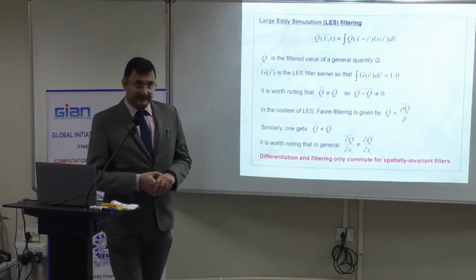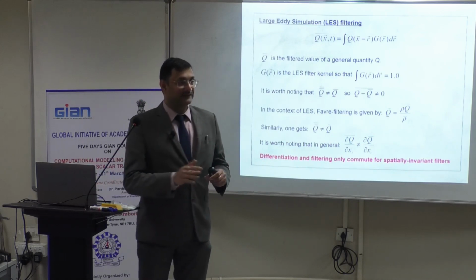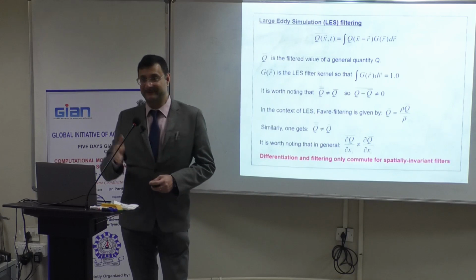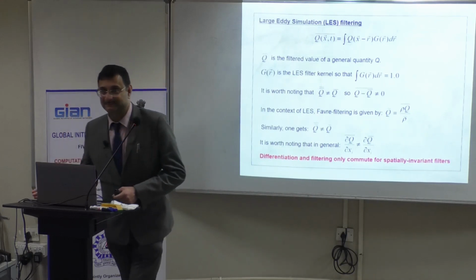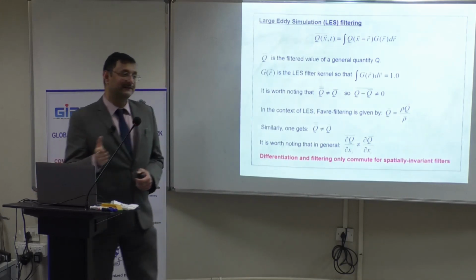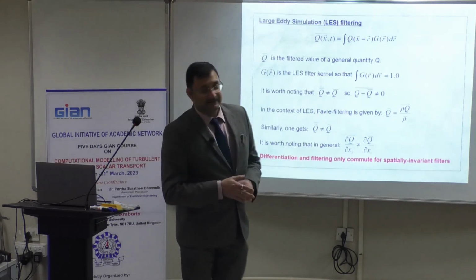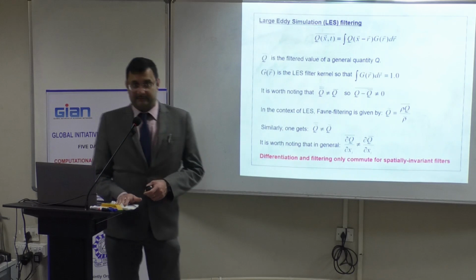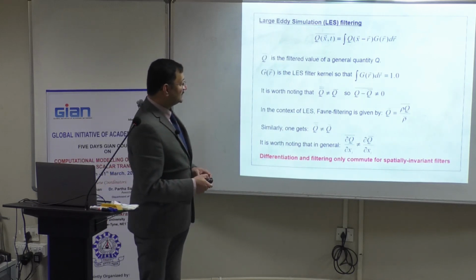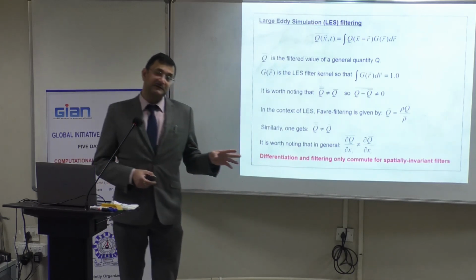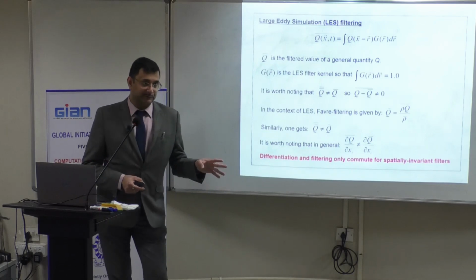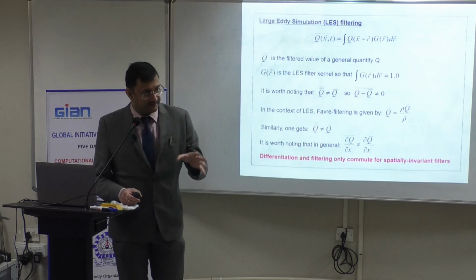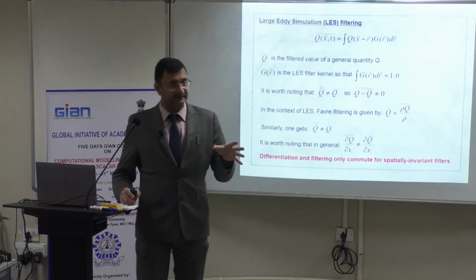Before I move to LES filtering, we are now changing course. So far we have been talking in terms of RANS simulation. Now we are going into LES. But before we go there, I just want to emphasize that I just mentioned the turbulent kinetic energy transport equation in the context of RANS, and I told you there are extra terms appearing because of the variable density effects.